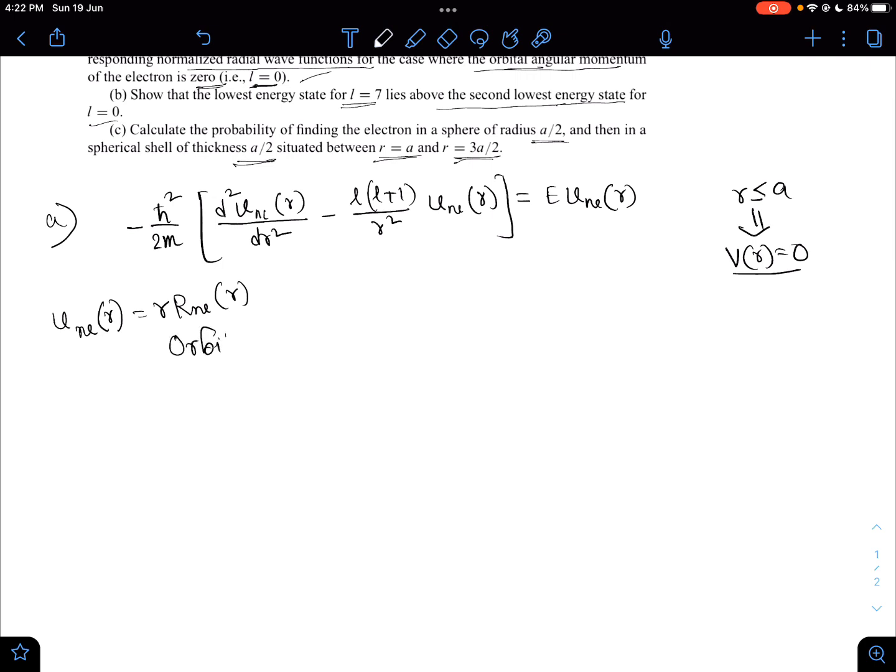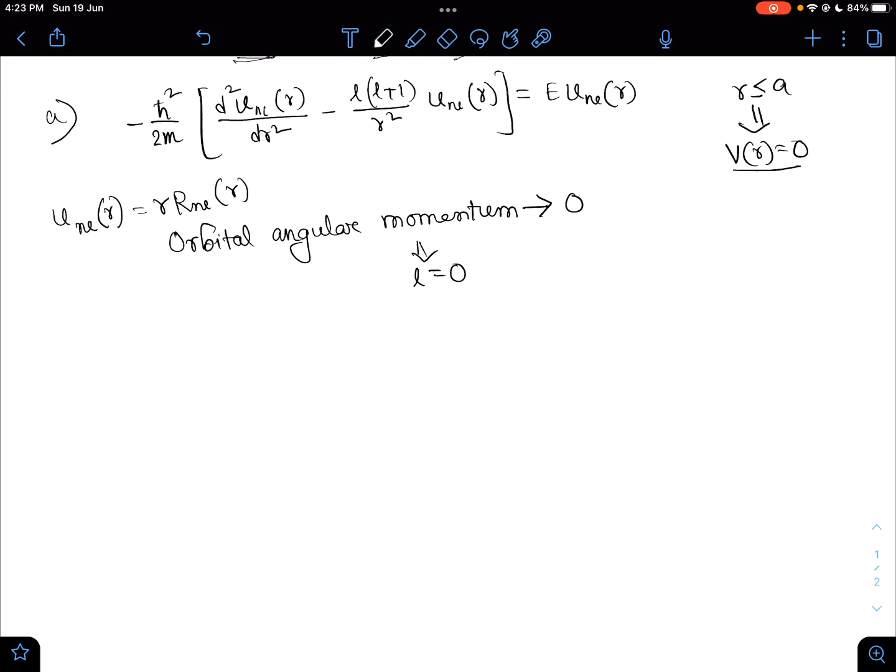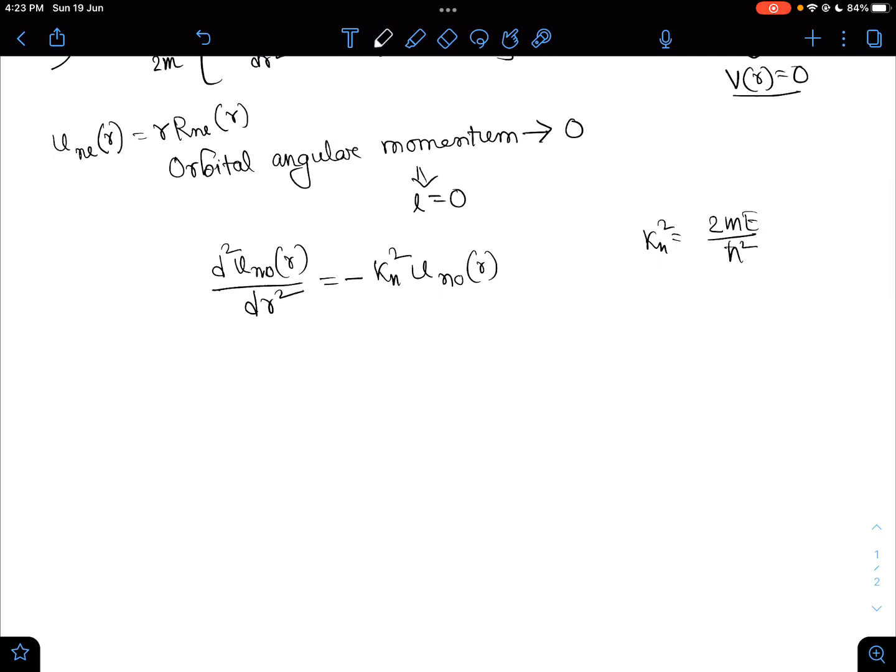So if L is 0, then our equation reduces down to d2u_n0(r) by dr square, which is equal to minus k_n square u_n0(r), where k_n square is 2mE by h cut square.